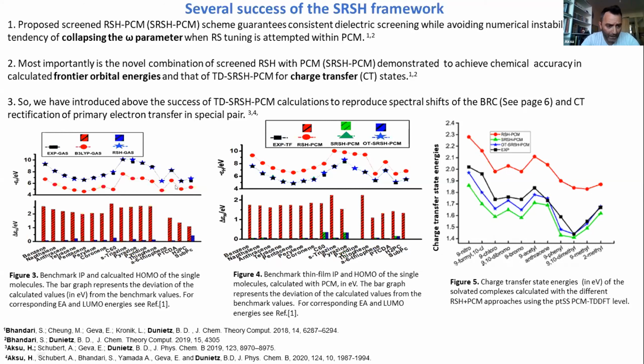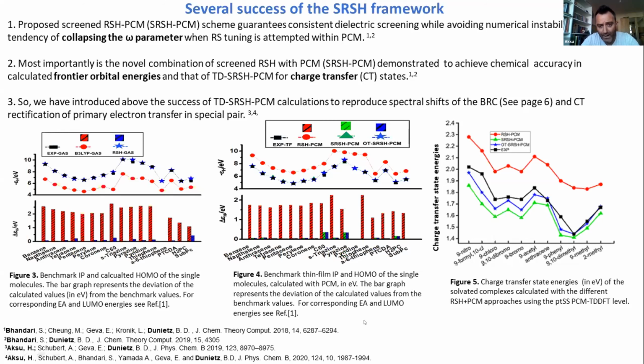On figure 3, it shows the IP and calculated HOMO of single molecules. You see the conventional RSH functional is very well represented by the RSH functional, with very good overlap with the experimental values.